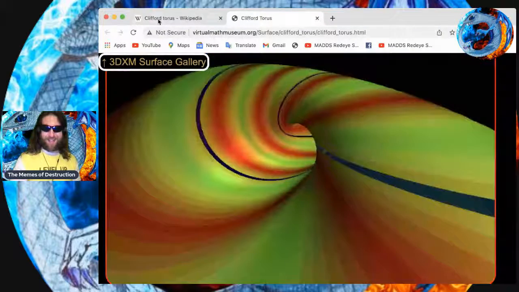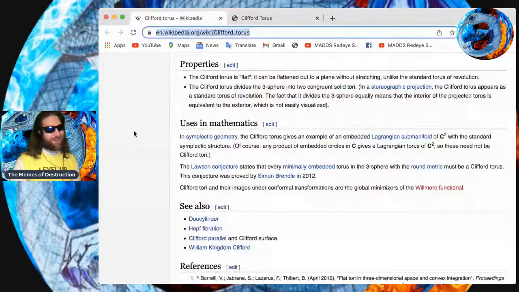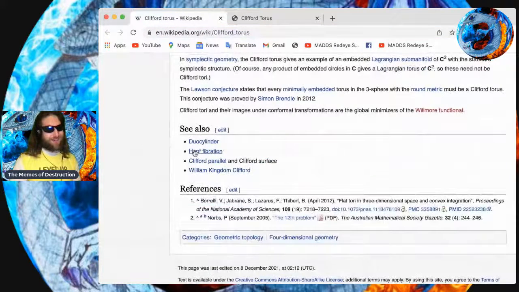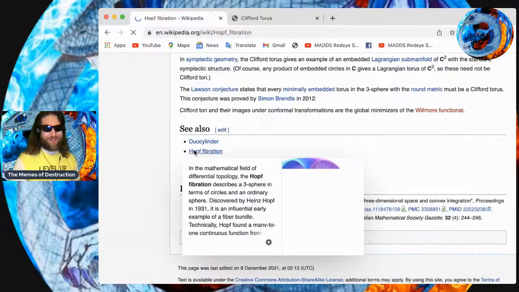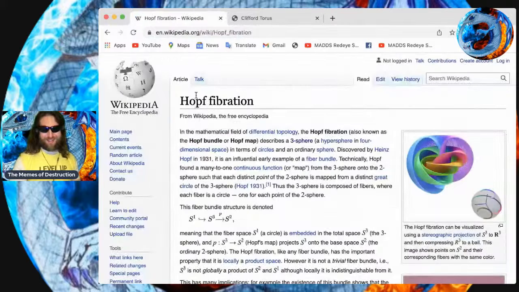Oh, very fascinating. Basically what brought me to this is you can also see the Hopf fibration. Oh, this is that thing that Dr. Eric Weinstein was talking about that got my old noggin jogging. In the mathematical field of differential topology, the Hopf fibration, known as the Hopf bundle or the Hopf map, describes a three-sphere, a hypersphere in four-dimensional space, in terms of circles in an ordinary sphere, discovered by Heinz Hopf.